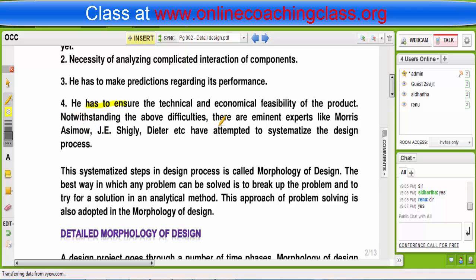Now, to reduce these difficulties, there are eminent experts like Maurice Asimow, J.E. Shigley, and Dieter who have attempted to systemize the design process. That means, think you are a design engineer. Now the company gives a task that the customer needs so and so.